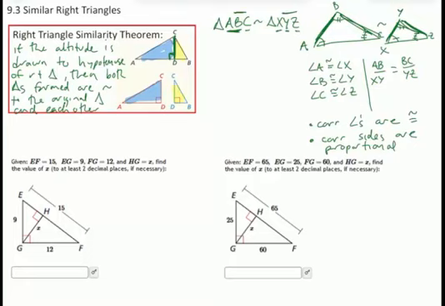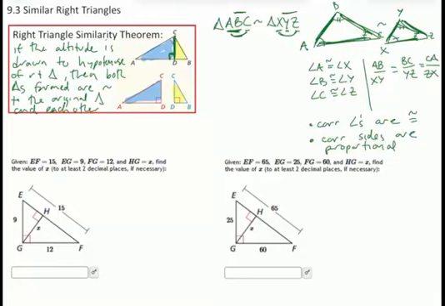BC and YZ are the second and third points in the statement. And then the other relationship is that CA and ZX would also have that same ratio. Again, CA is first and last, ZX first and last. And so that's the relationship. You have corresponding angles are congruent, corresponding sides are proportional.